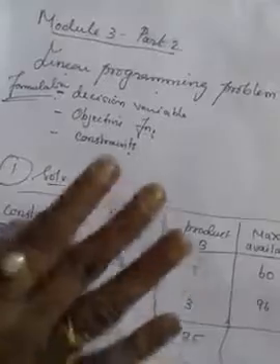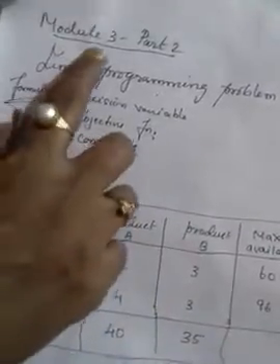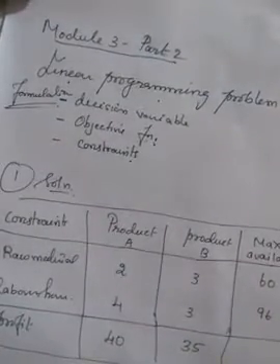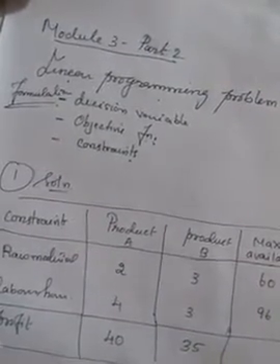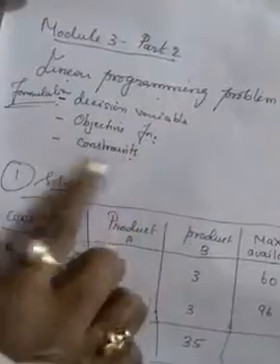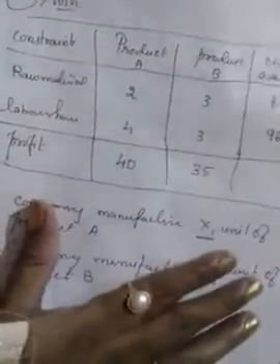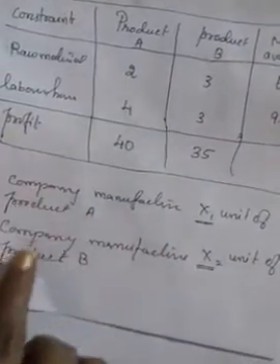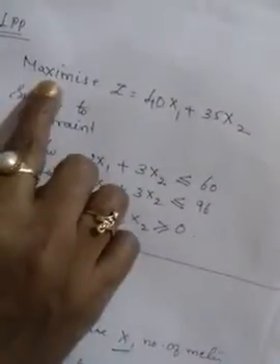Today we did 3 problems in Module 3, Part 2. We have discussed what is a linear programming problem, what is linear, what is programming, and what is the formulation. In the formulation you have to take 3 things: one is the decision variable, another is the objective function, another is the constraint. In problem number 1, they gave a profit, so we used maximization.